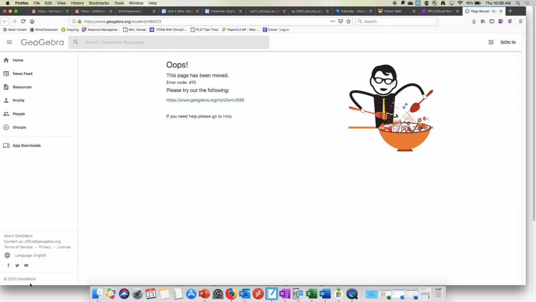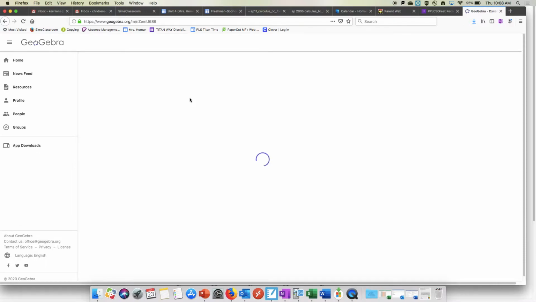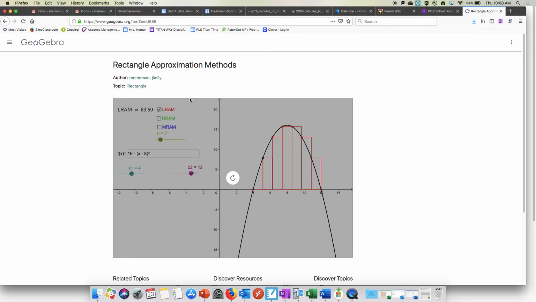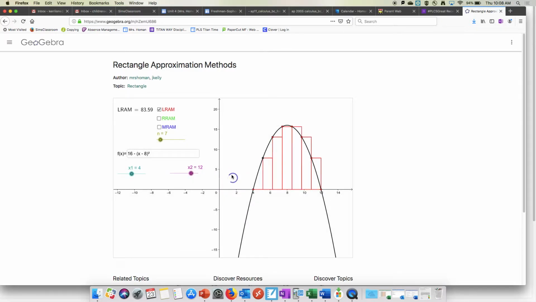Cross your fingers that this is there. All right. So here I have a picture of a curve, and I have left endpoint rectangles. Now watch what happens when I increase the number of rectangles.